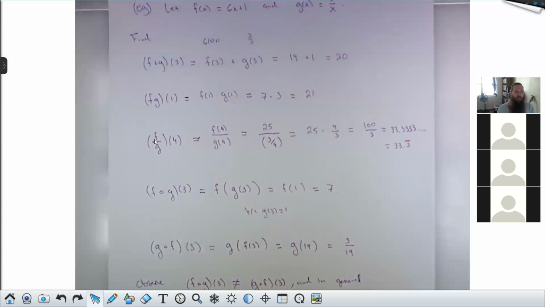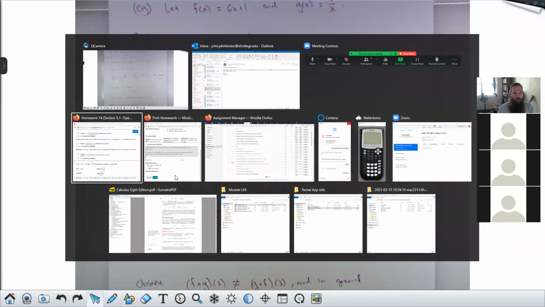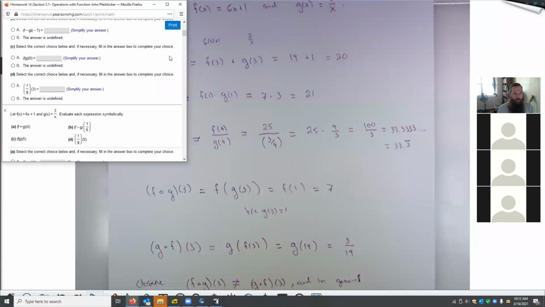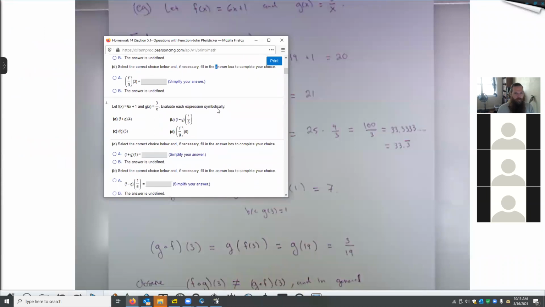But sometimes we also want to find a formula for these functions. So the next problem I'd like to do is going to be finding a symbolic formula for each of these in some context.